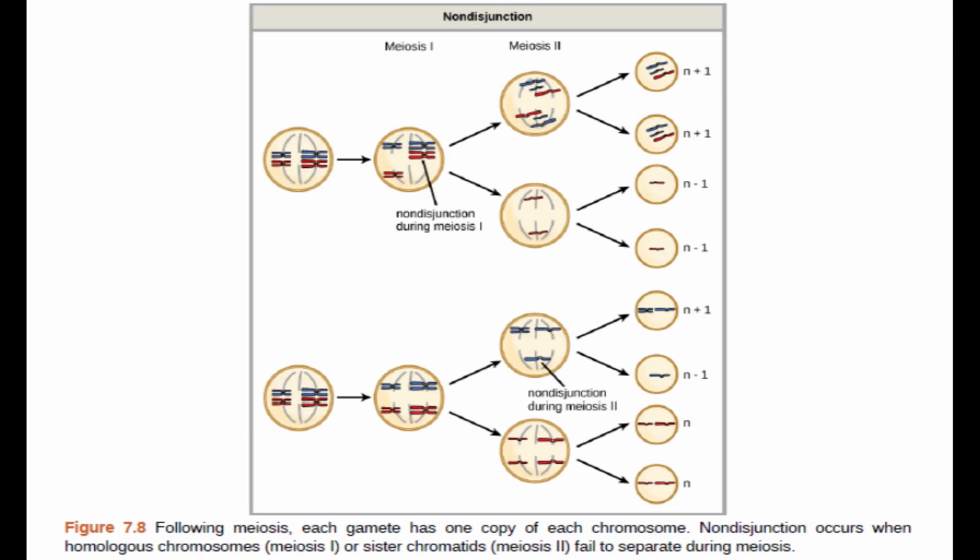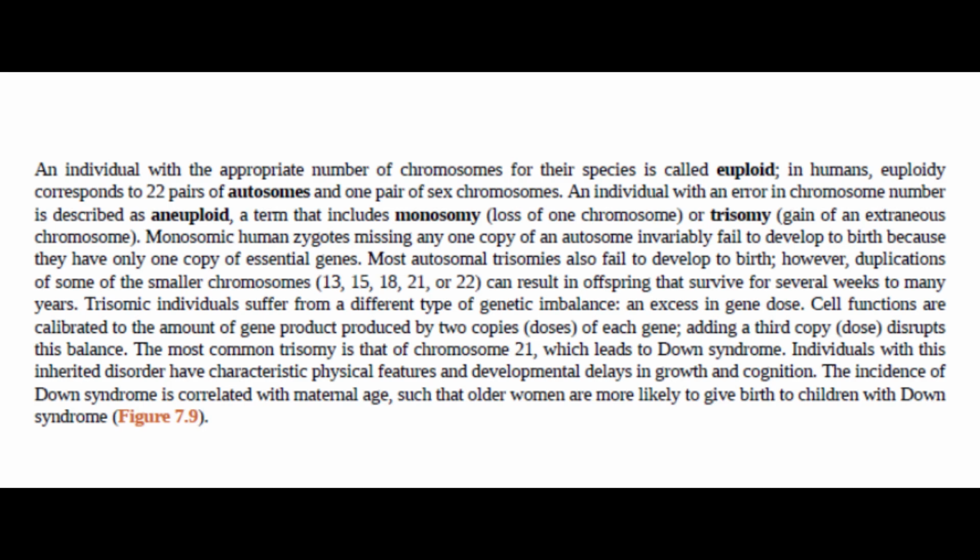Figure 7.8. Following meiosis, each gamete has 1 copy of each chromosome. Nondisjunction occurs when homologous chromosomes, meiosis 1, or sister chromatids during meiosis 2 fail to separate during meiosis. An individual with the appropriate number of chromosomes for their species is called euploid.